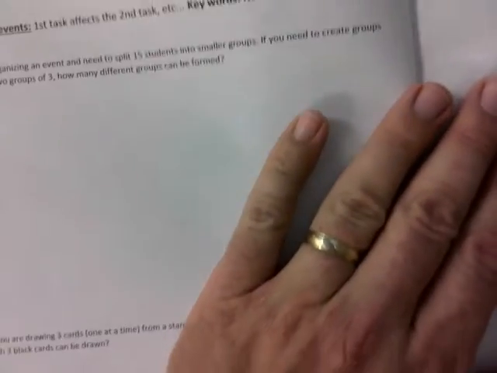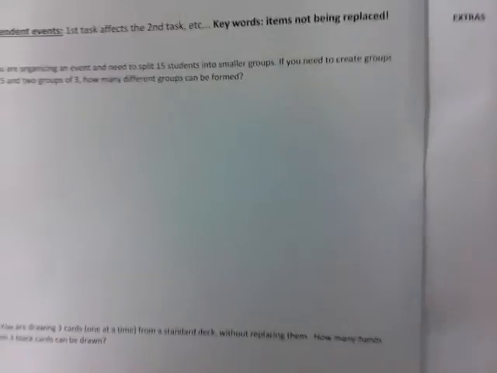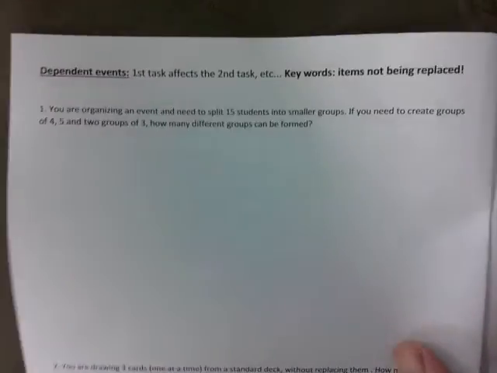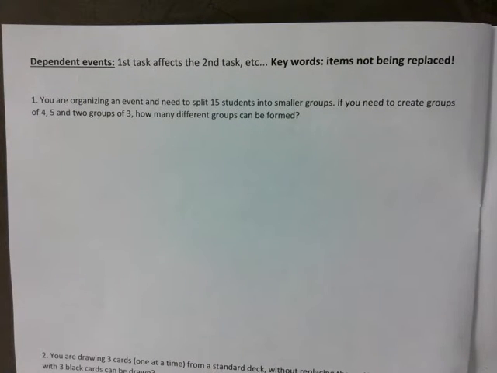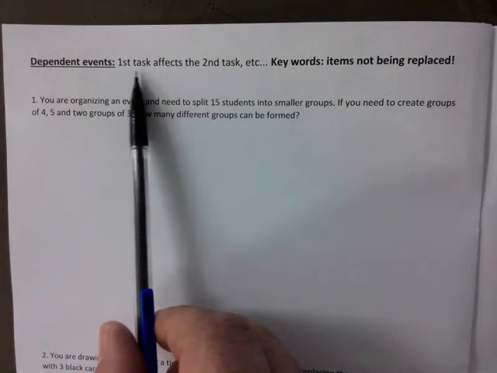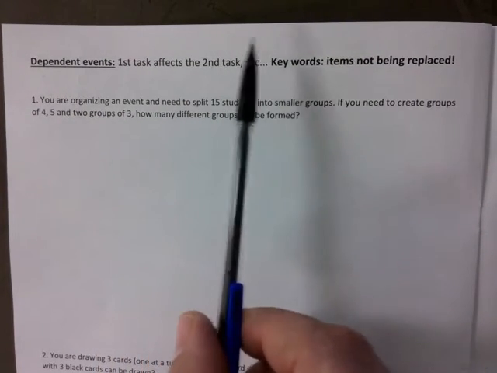I want to talk about dependent events. So go to 49 here. Dependent events. What does that mean? Well, as the name kind of indicates, the first task affects the second task and so on.